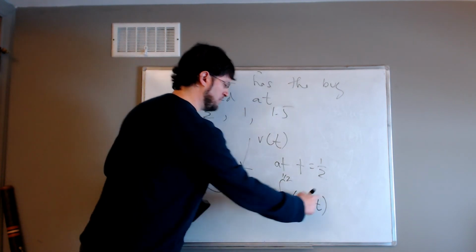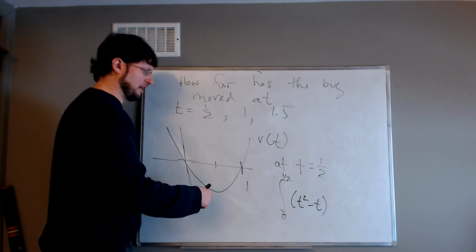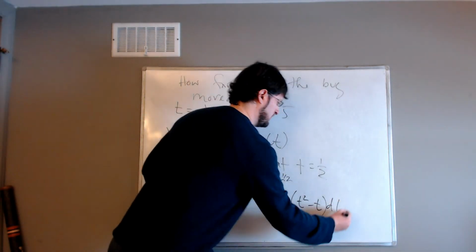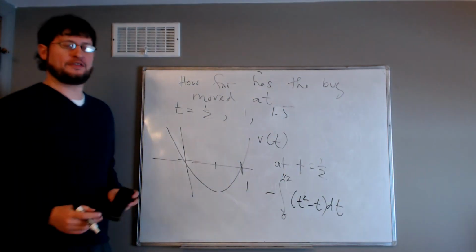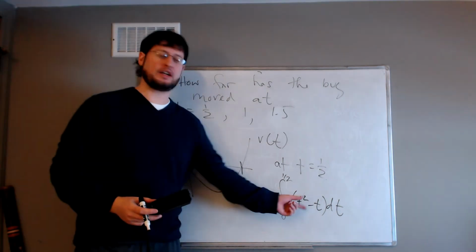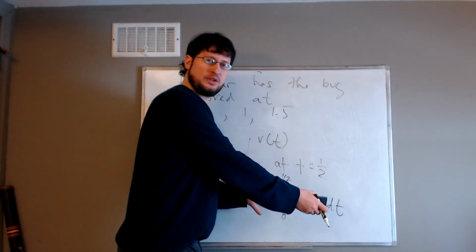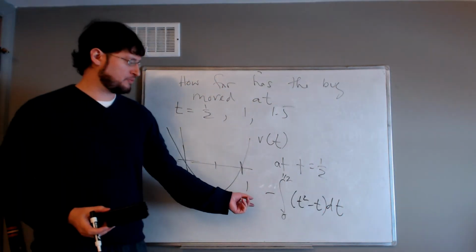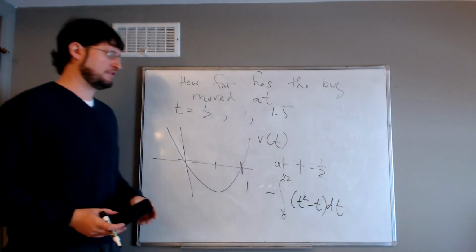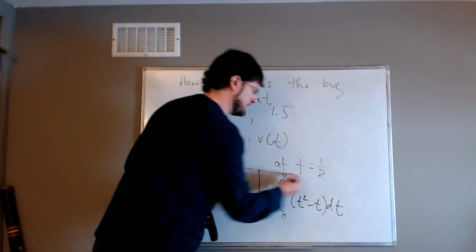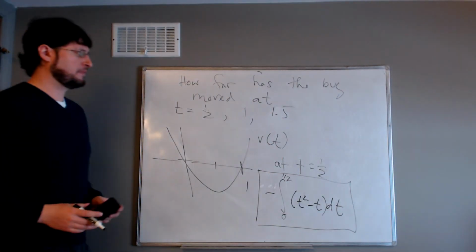This is going to be a negative value because it's below the x-axis. That's what absolute value actually does. If it's going to be negative, if I want absolute value, then I just need to change that from being negative to positive. So this is going to be our answer for the distance traveled at time 1/2.